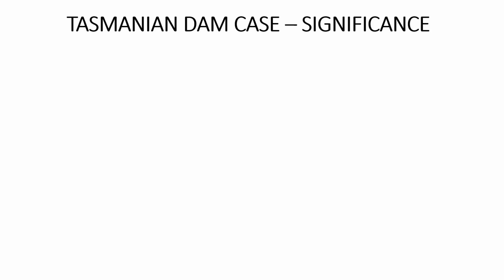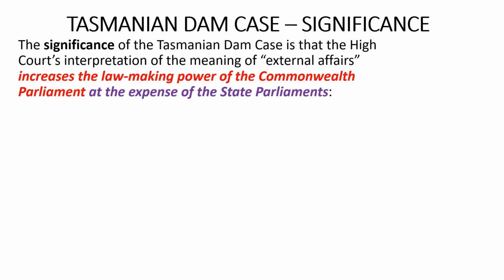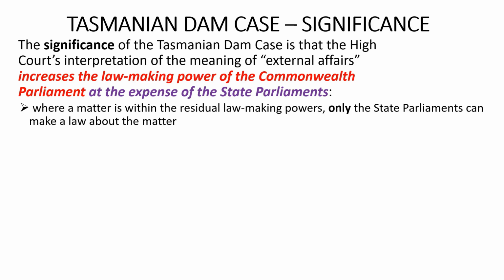The significance of the Tasmanian Dam case is that the High Court's interpretation of the meaning of external affairs increases the lawmaking power of the Commonwealth Parliament at the expense of the state parliaments. Now you need to be able to explain why this is so using the following chain of reasoning. First, where a matter is within the residual lawmaking powers, only the state parliaments can make a law about the matter.